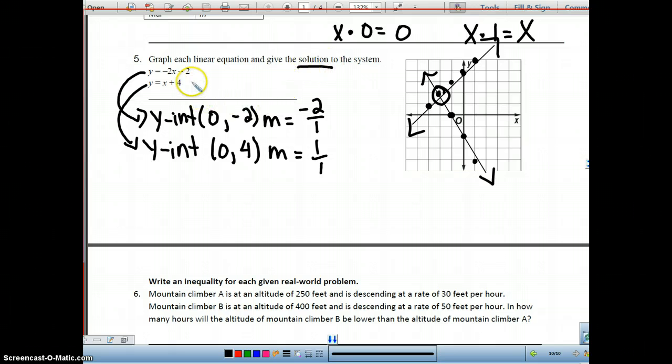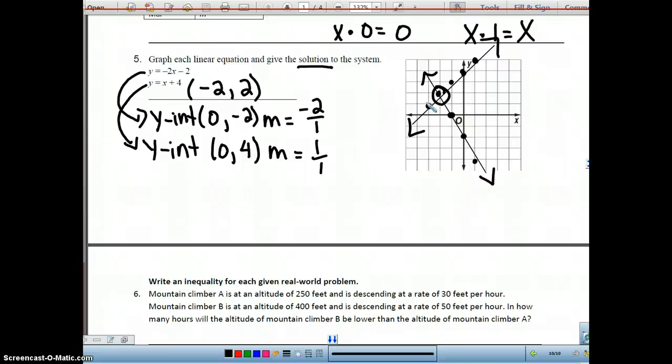It is our solution. The reason why that is a solution at -2, +2 is because that is the one point that both of those lines have in common. It's the one and only point that they both have in common. So therefore, that's the solution. Any questions about that?